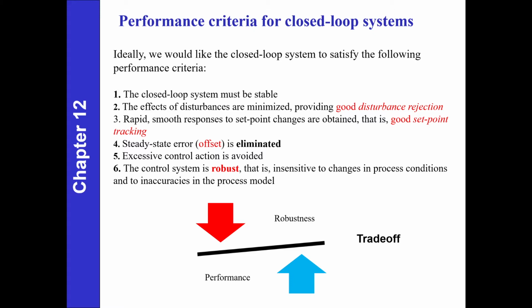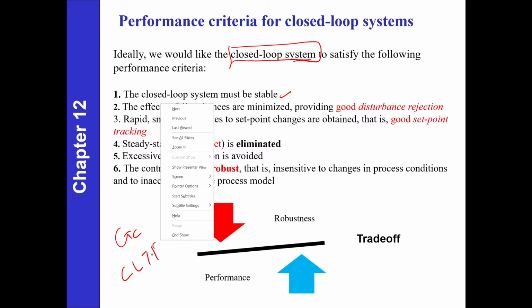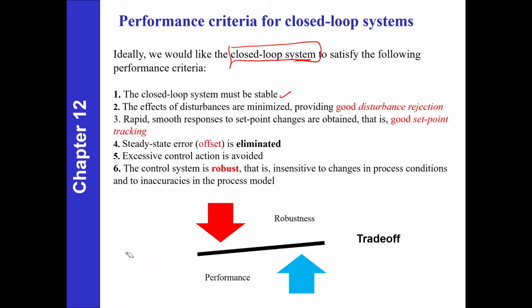So the first one, why do we need to design our GC? Because remember our closed loop system, the response from this closed loop system should be stable. How to know whether it is stable or not? We will see an example later on.